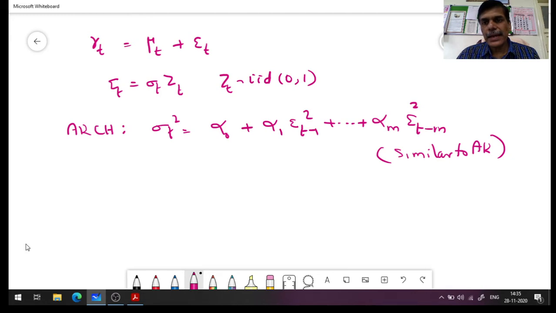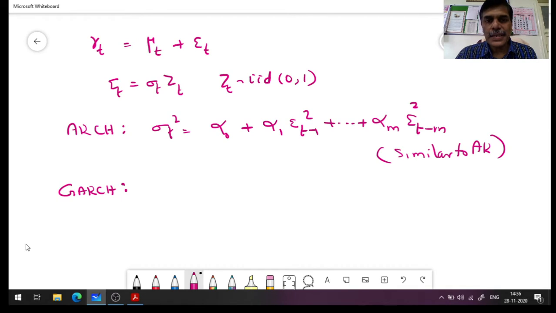It's not exactly AR because AR will have an error term here. This doesn't have an error term. So AR is stochastic, this is deterministic. Why deterministic? At the time point t, all these are known to me. So it's deterministic.